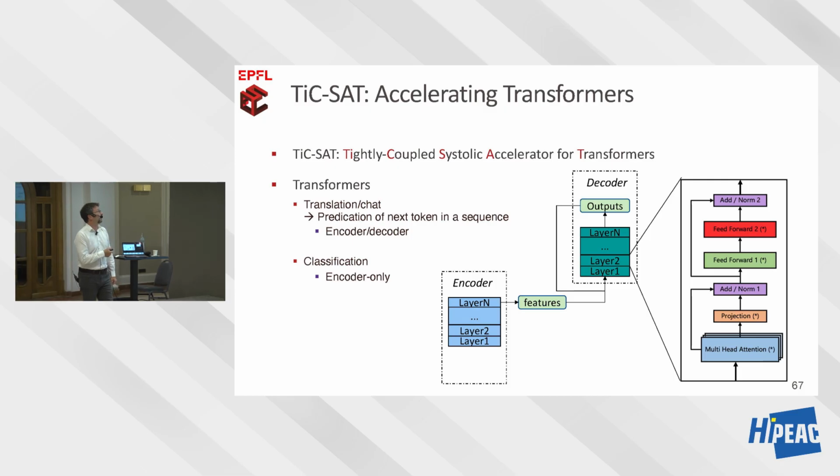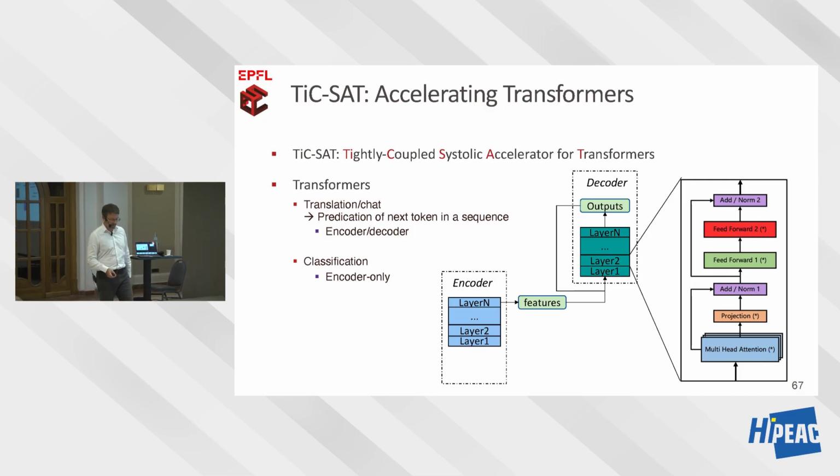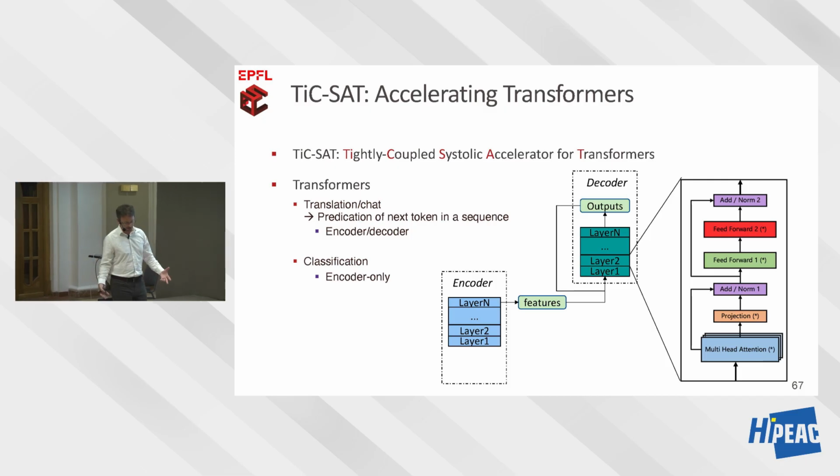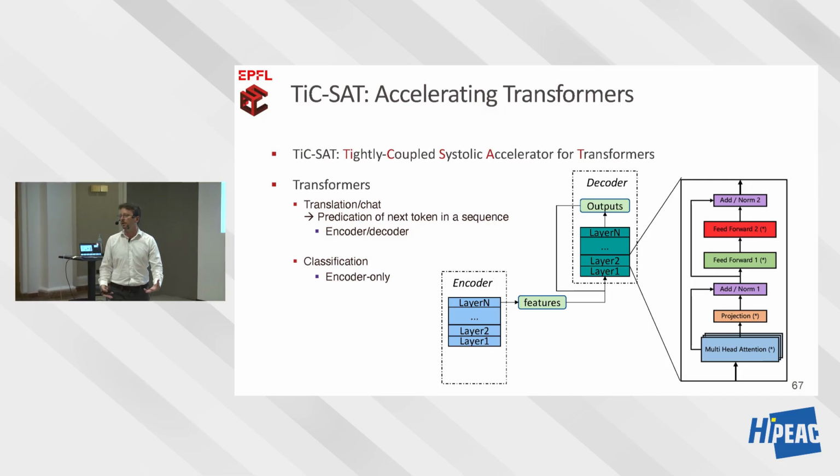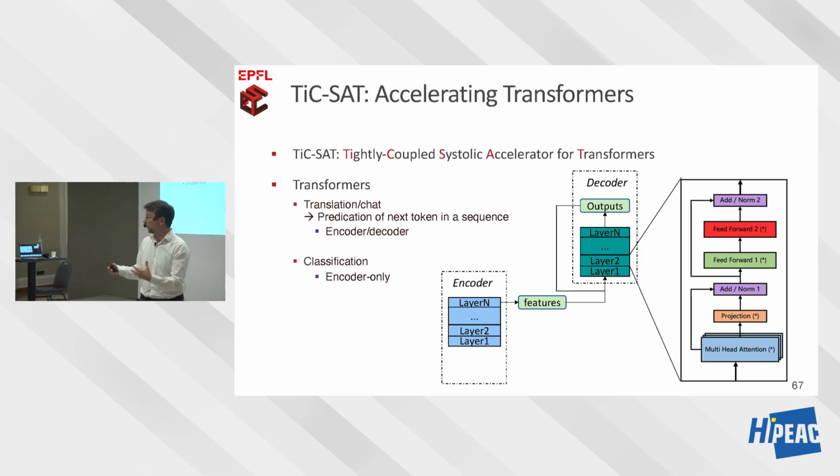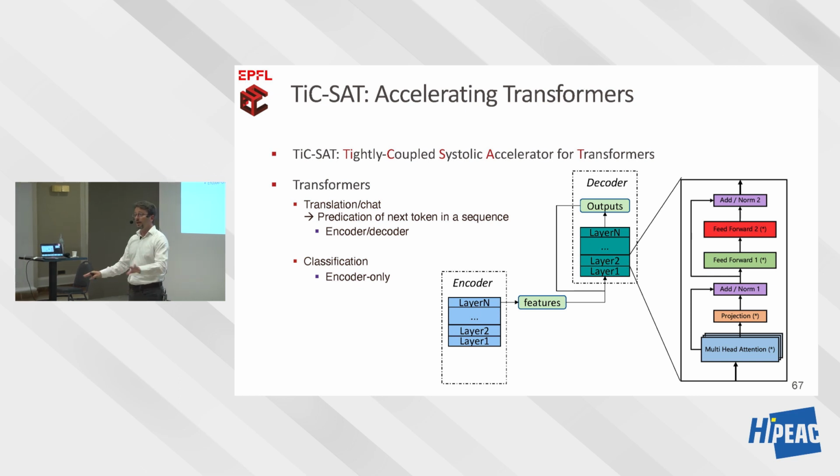So what is TiC-SAT? TiC-SAT is a tightly coupled systolic accelerator for transformers. What it is, is basically in the name: a systolic array which is tightly integrated into our system, so it acts basically as a customized functional unit, and we want to use it to accelerate transformers. I will not spend any words on what transformers are.